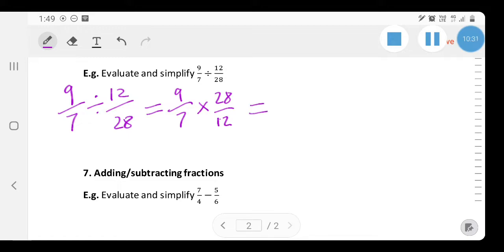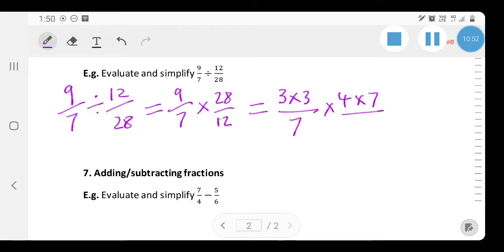So let's see. 9 I'm going to rewrite as 3 times 3. I think that might help me. 7's a prime number, so there's not much I can do about that. 28 though, that's 4 times 7, isn't it? So I'm going to be able to cancel some 7's.